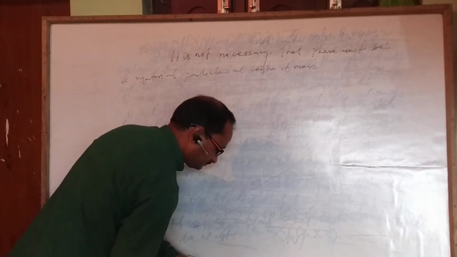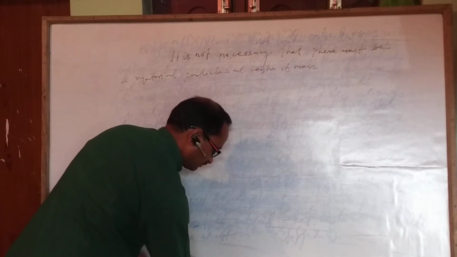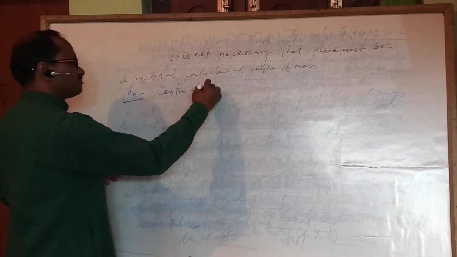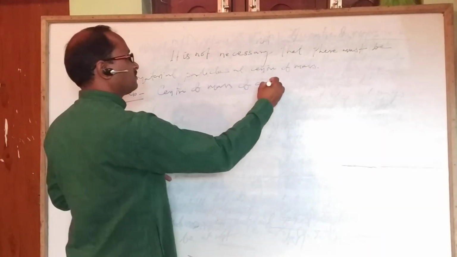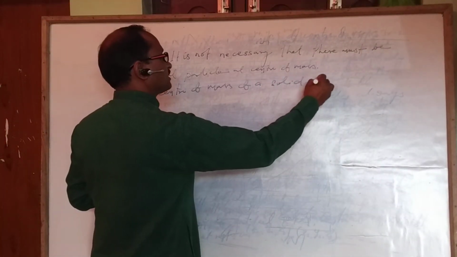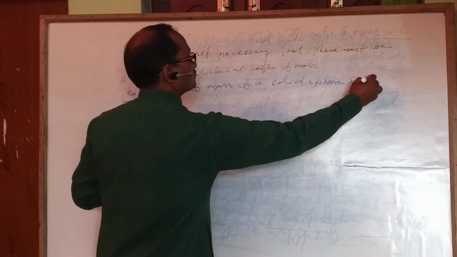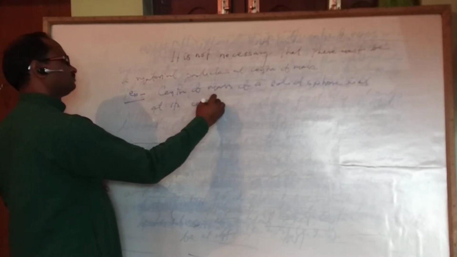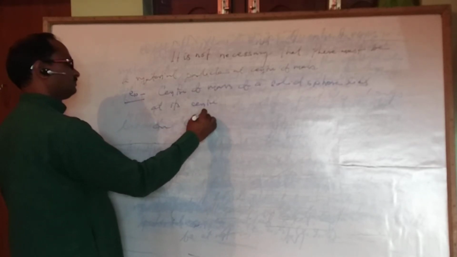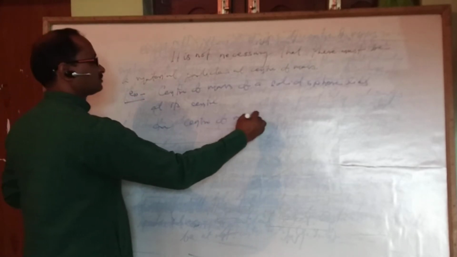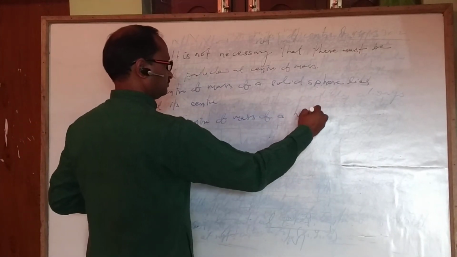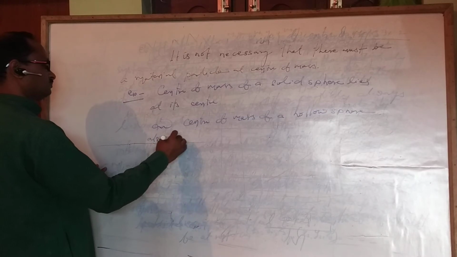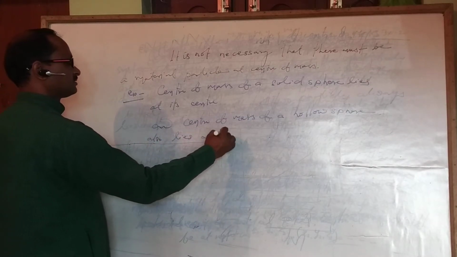For example, center of mass of a solid sphere lies at its center and center of mass of a hollow sphere also lies at its center.